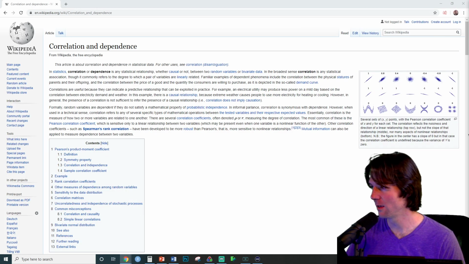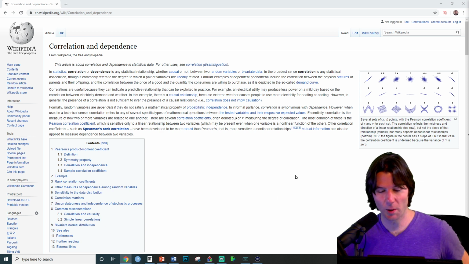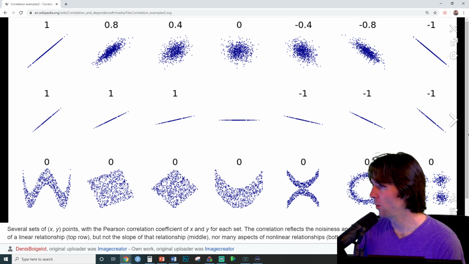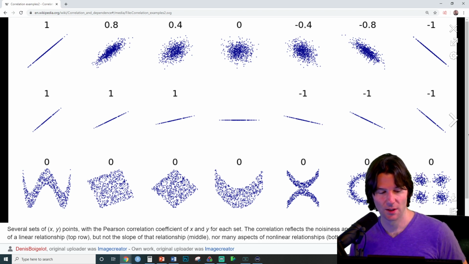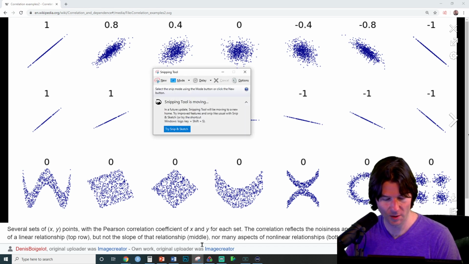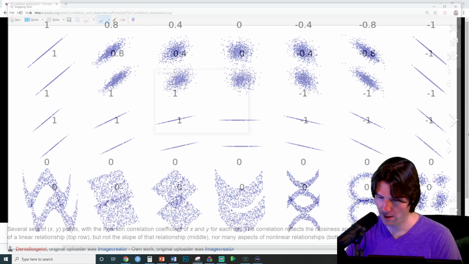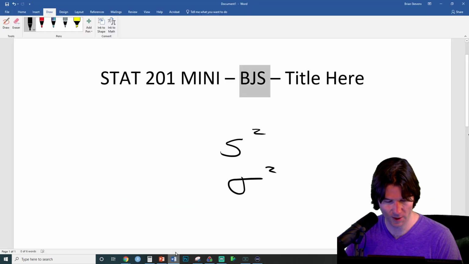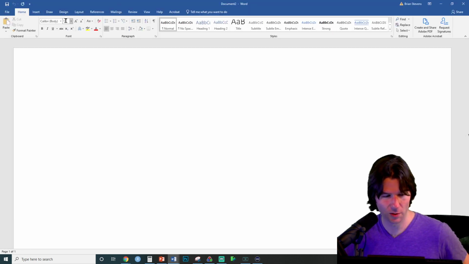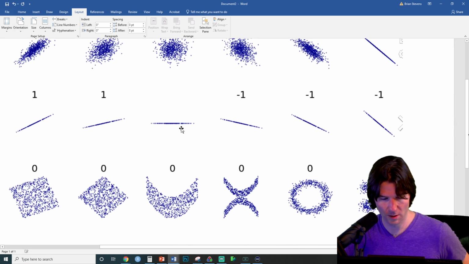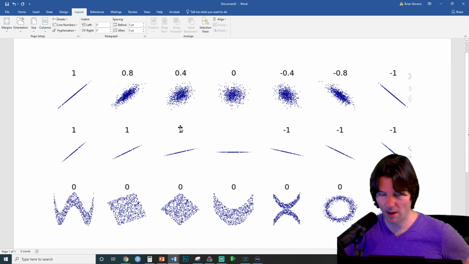So this is Wikipedia, best site in the world. And what do we have right here? We have here different correlations. I'm going to have to grab this graphic and bring it over. Okay, cool. Let's go to Microsoft Word. Let's go to Layout, Orientation, Landscape. Cool. So here we are.